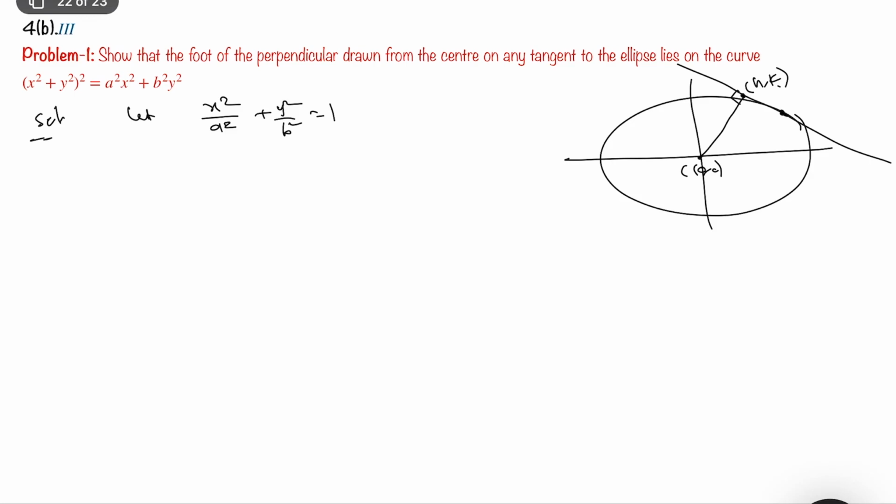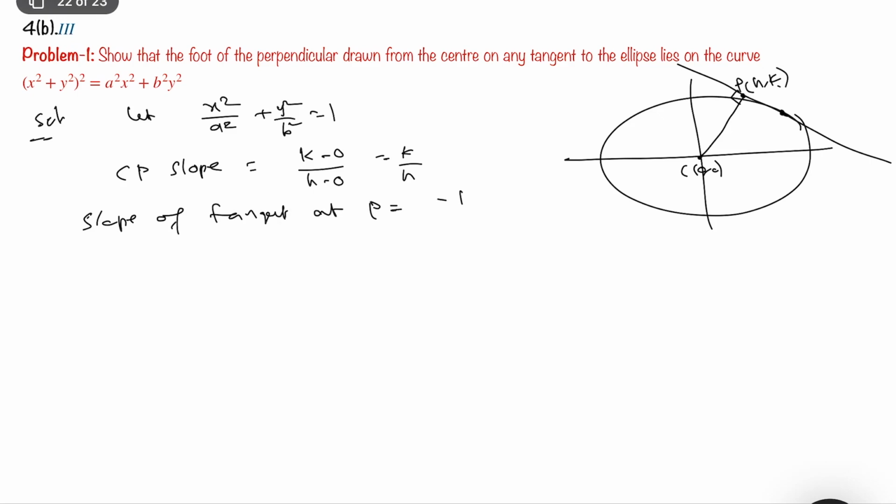First of all, let us say this point is P. The CP slope will be k minus 0 by h minus 0, that is k by h. Then the slope of the tangent at P will be minus 1 by the slope of this CP, that is minus 1 by k by h, which equals minus h by k.